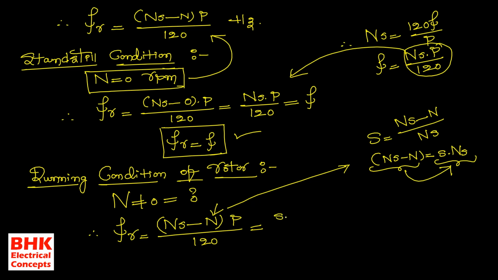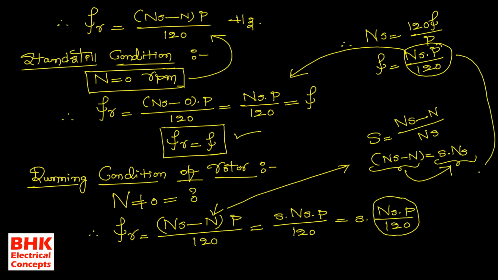So I can place s into Ns into P divided by 120. Now I am just separating these two terms: s into Ns into P divided by 120. You can observe that this Ns into P divided by 120 represents the frequency only. So instead of this term I can directly place F.